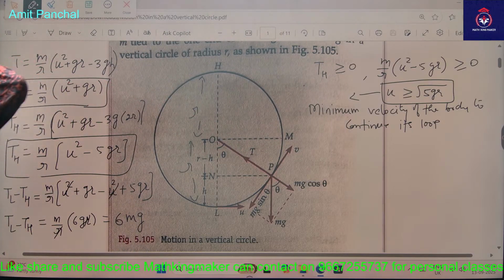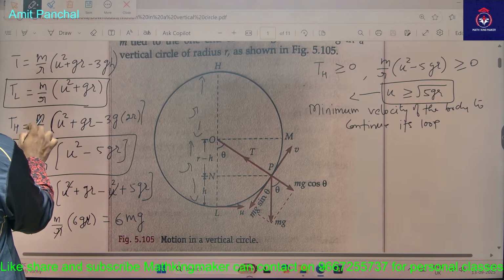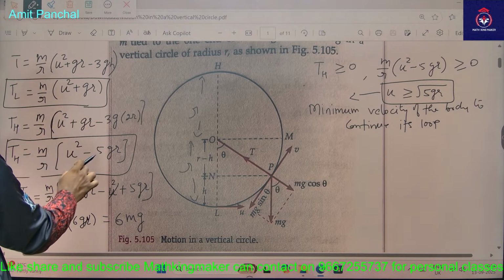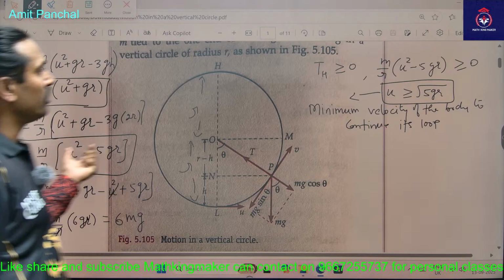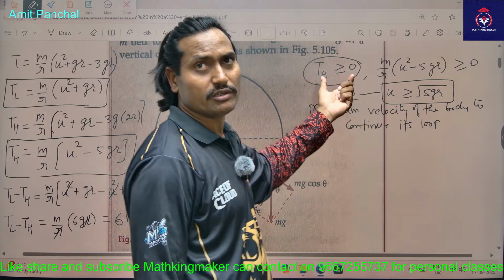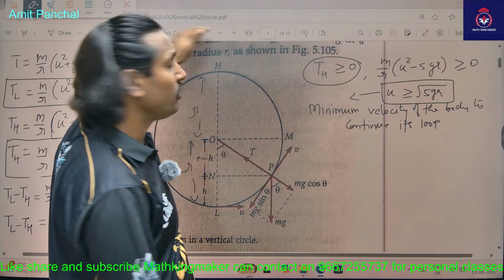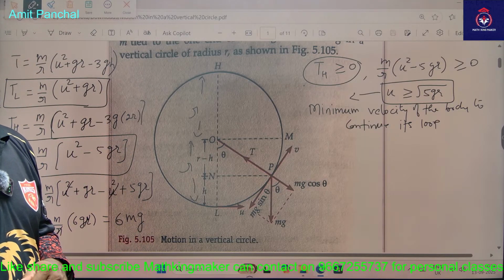At the H point, tension is (M by R) into (U square minus 5GR). So if I put this TH into this condition, that is the condition to have its loop continue. That's the minimum tension it should have.